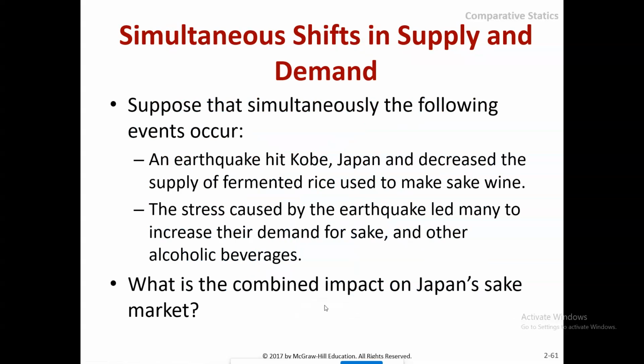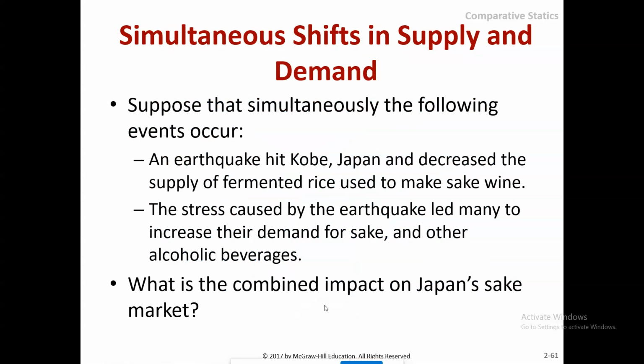What about when the two of them change at the same time? I have a more detailed discussion in my market equilibrium analysis, but here's a quick review of an example. We have an earthquake in Japan that decreases the supply of fermented rice used for sake wine. So the raw material to produce sake decreases. That's a negative shock on the supply of sake wine.